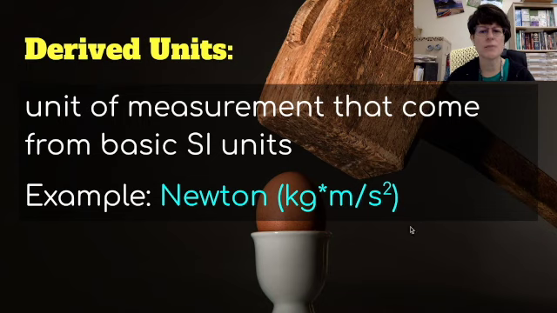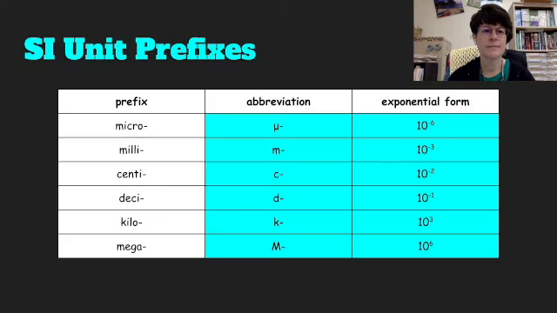Other examples would be area, which would be a square meter, or volume, which would be a cubic meter. So volume, like our milliliters and stuff, those are actually derived units. Density would be a derived unit. So we use lots of derived units, but there are only 7 fundamental units.